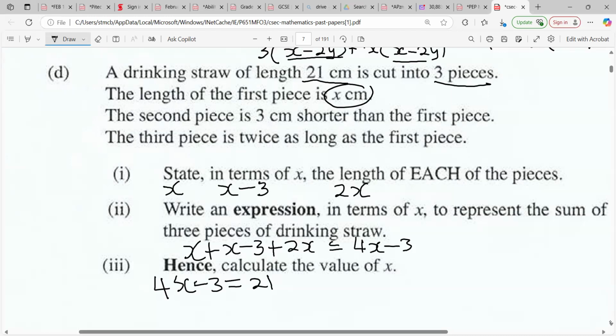So now we're supposed to add 3 to both sides. We take the opposite of minus 3, which is plus 3. Remember, in an equation, what you do to one side, you do to the other side. So that will be 4x equals 24.